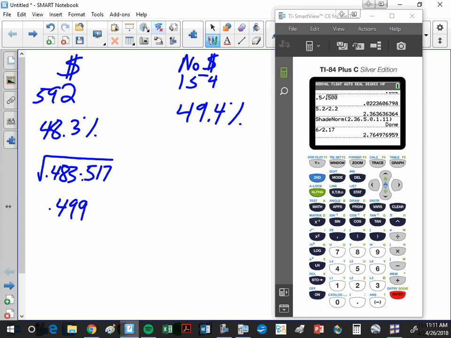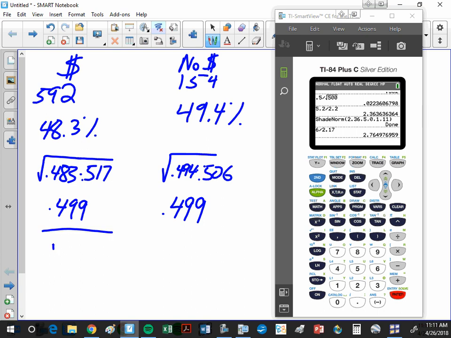And then this one is the square root of 0.494 times 0.506. So this one is also 0.499 because they're both so close to 1/2.